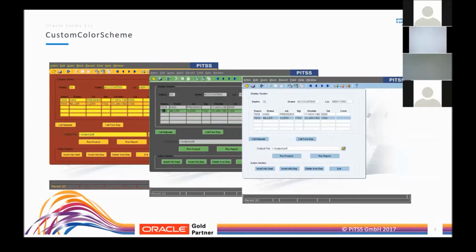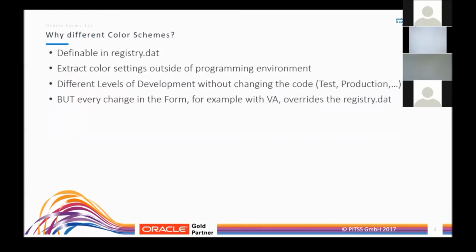So, hi together. My name is Ronald, and I would like to talk just real quick about the new features and how PitsCon may help you to use them more efficiently. One nice feature is the possibility to create custom color schemes for your entire application, as you see here in different examples. These color schemes can be defined in the registry.dat file.